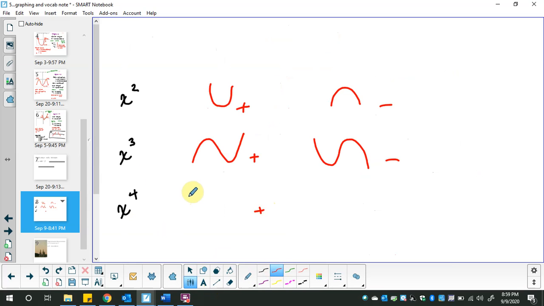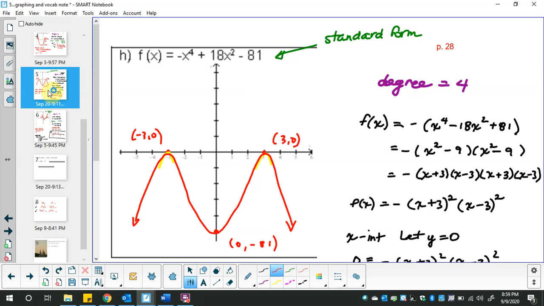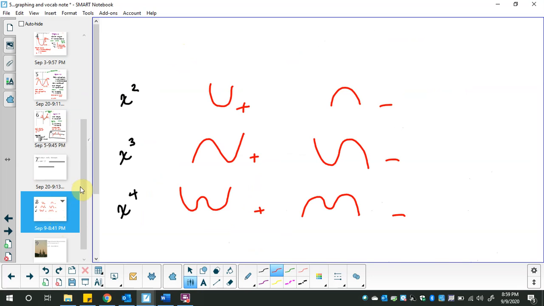A positive degree 4, it's handy to remember that a positive degree 4 looks more like a W than a negative degree 4, which looks M-ish. So if we take a look at this one, it was a negative degree 4. I knew, because I have memory aids that I've made up, that negative degree 4s look like M's, so I was not at all surprised at this.